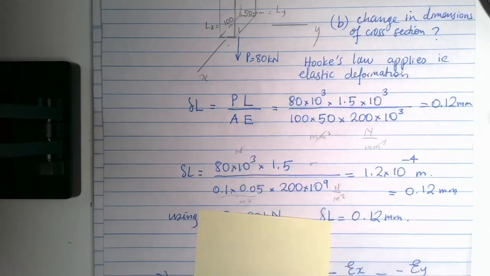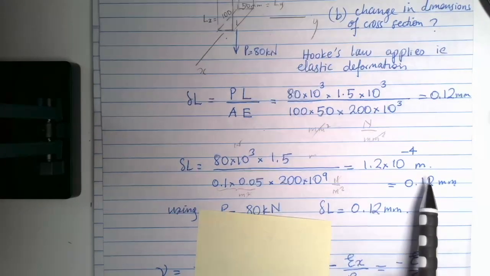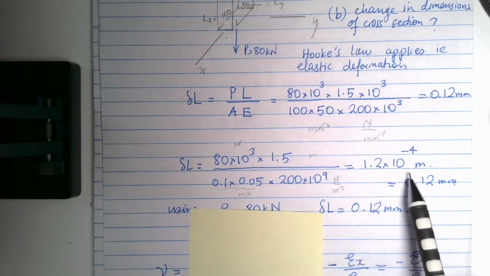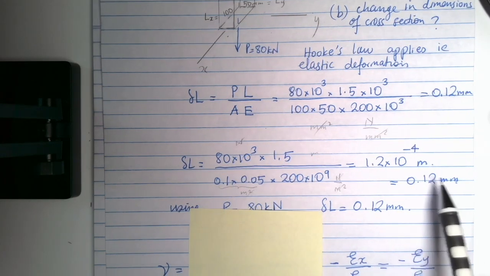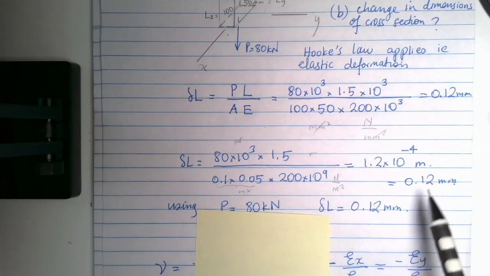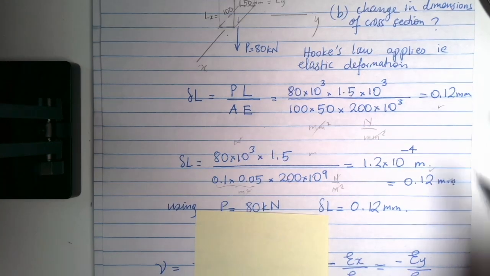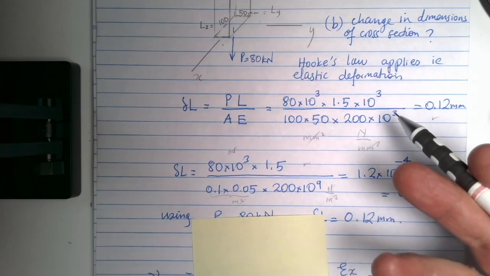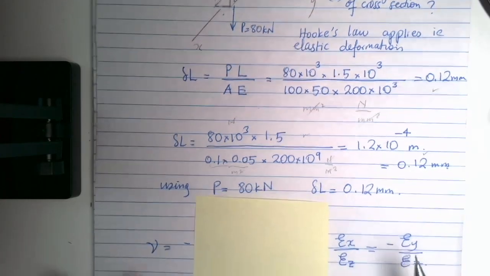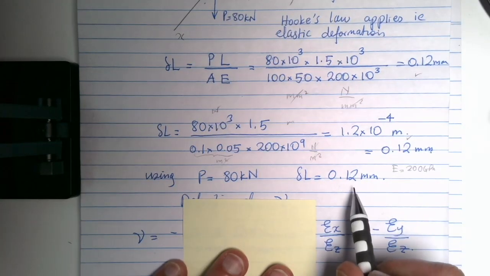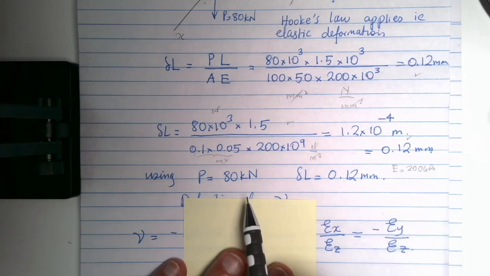Newtons cancel out, so the answer would be in meters. And so 1.2 times 10 to the minus 4 meters, and multiply that by 10 to the 3, and you get 0.12 millimeters. Same as above. You can just use the millimeters or the meters approach. It's a very small extension considering how big the force is.